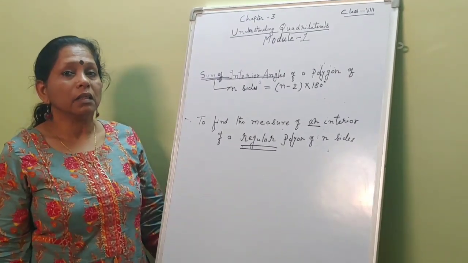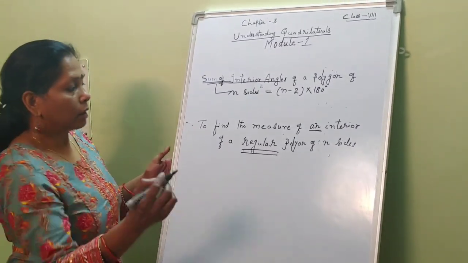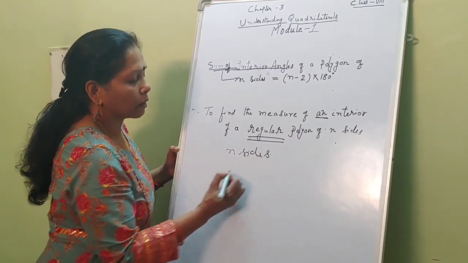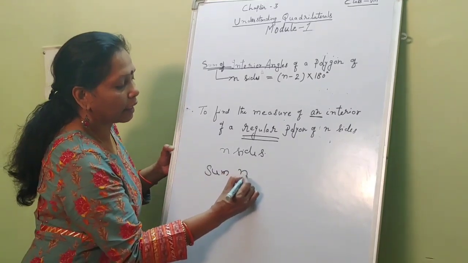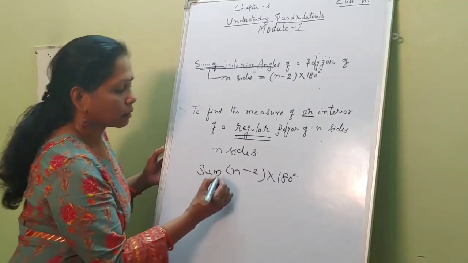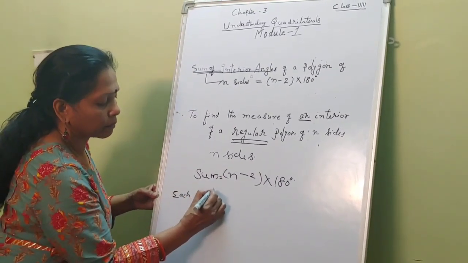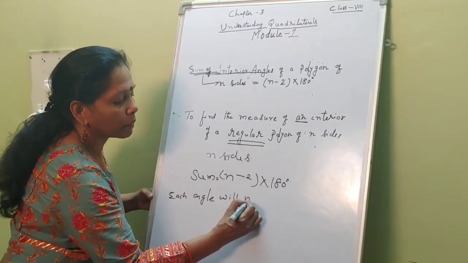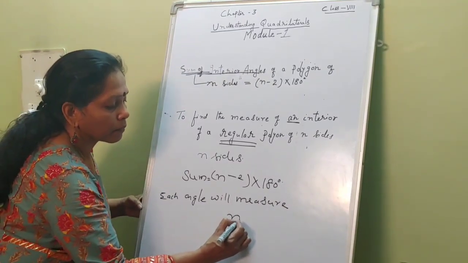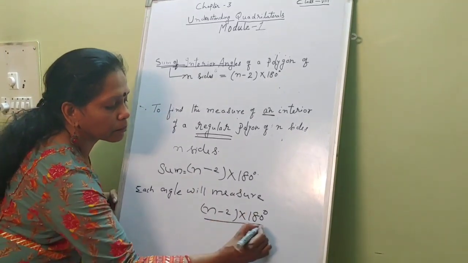Now let's find the measure of each interior angle of a regular polygon. Suppose a polygon has n sides. The sum we know, we find it as n minus 2 into 180 degrees, and each angle will measure n minus 2 into 180 degrees by n.